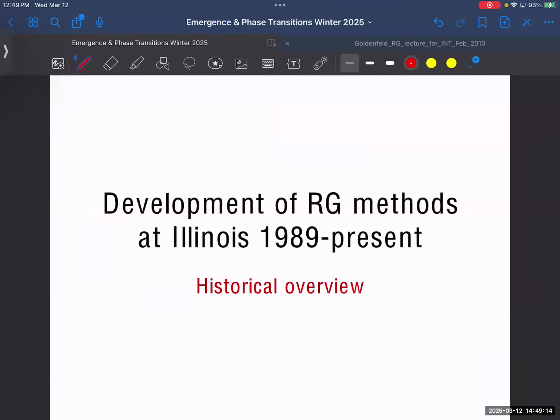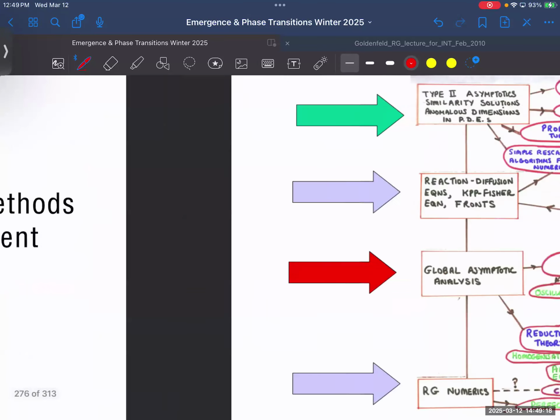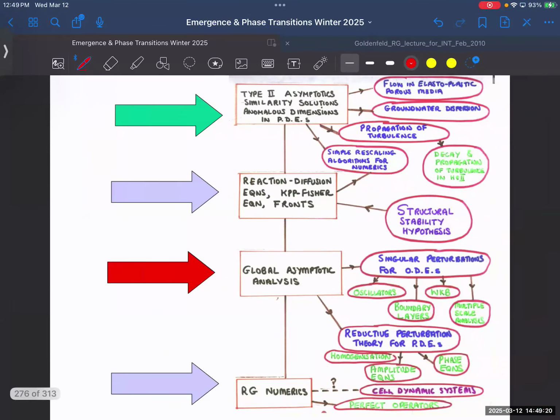Okay, so now I want to tell you about renormalization group methods for differential equations. So this is an overview of all the things that we did, and I'm not going to go into all of this here. But what I am going to do is show you essentially this part over here.